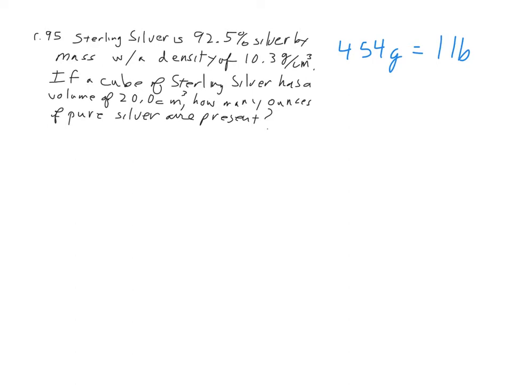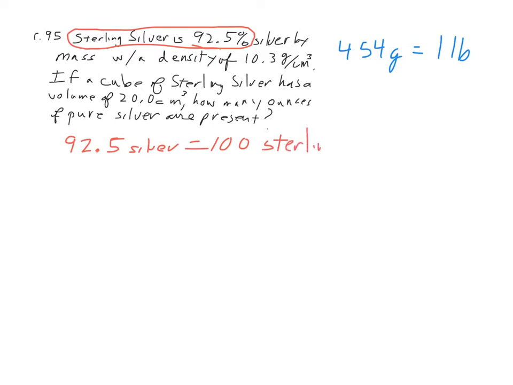Fortunately, we can label two of them right away as unit conversions because of chemistry cap. First, we hear 92.5%. So, that tells us that there are 92.5 parts of silver for every 100 parts of sterling silver.